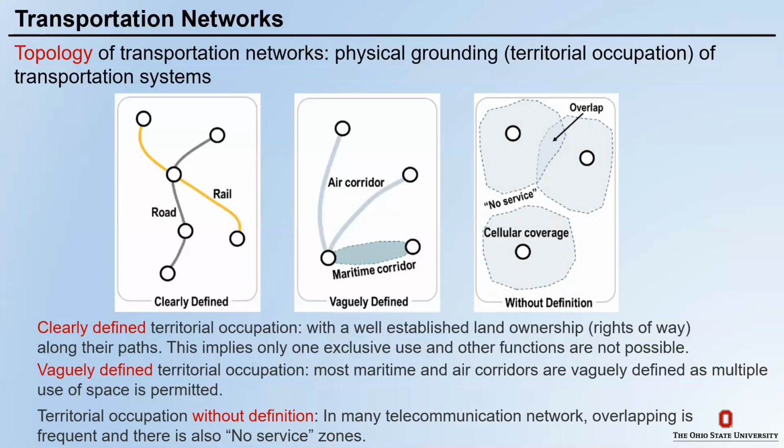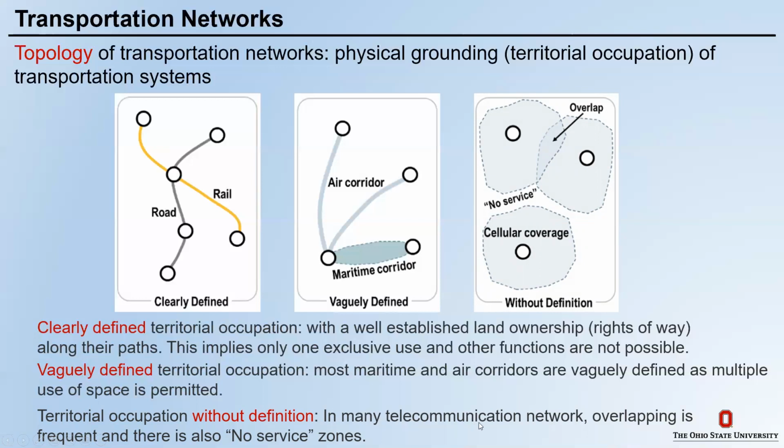So if we look at telecommunication networks from this perspective, each signal, each group of data traveling within this network is something like a vehicle, like a person, like a cargo. Then a telecommunication network is actually a transportation network, right? And here we have territorial occupation without definition.